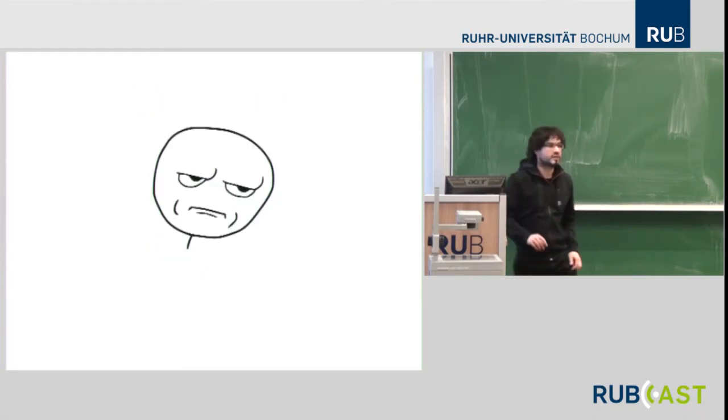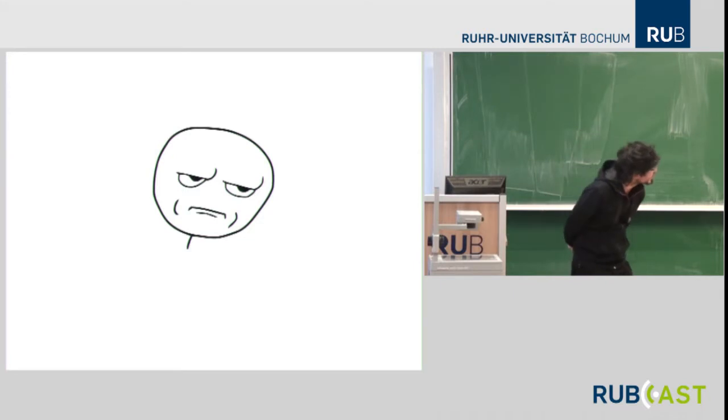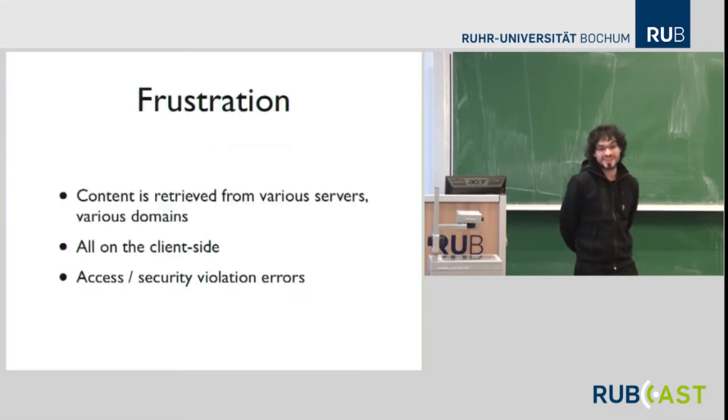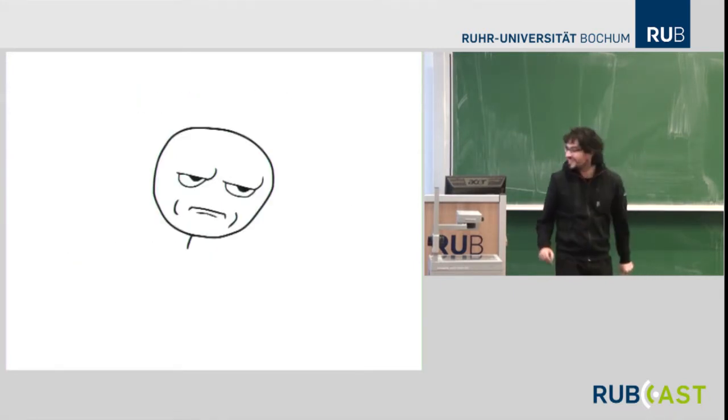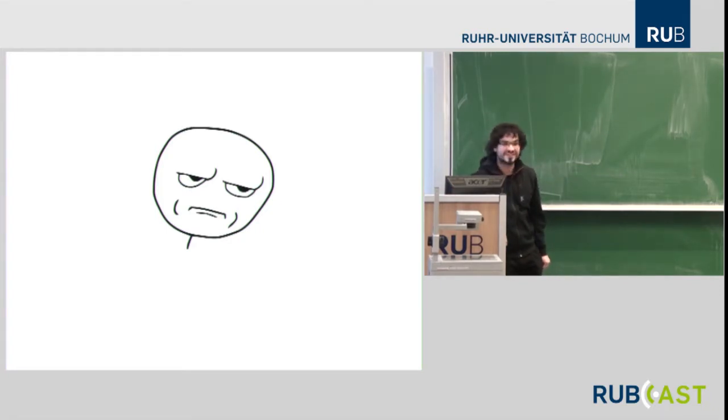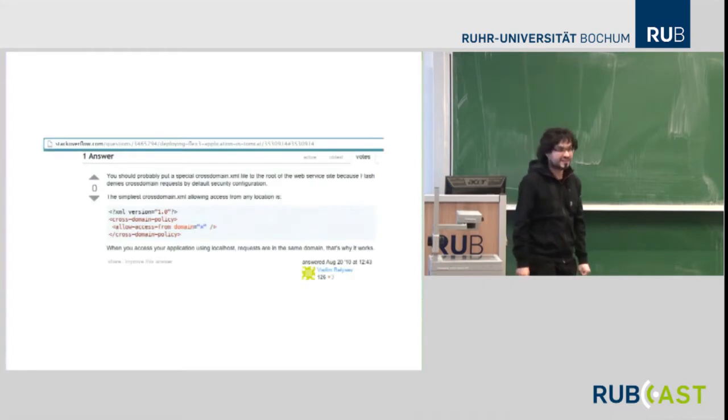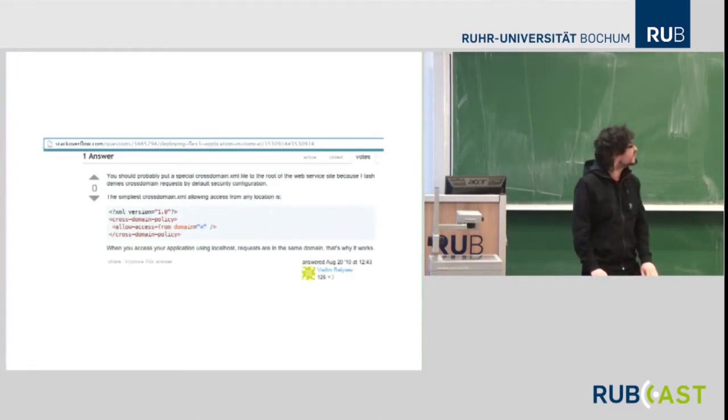At which point, I think the developer would look something like this, not very happy, until he starts Googling about and finds a nice post on Stack Overflow, where you get all the security answers.